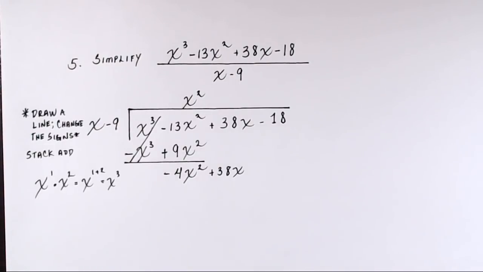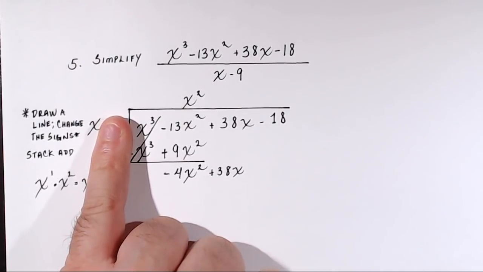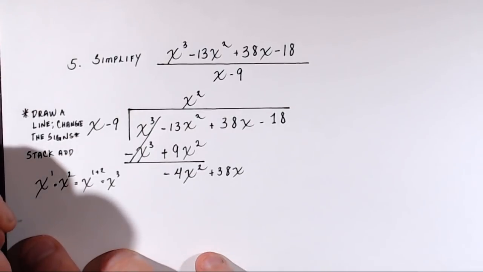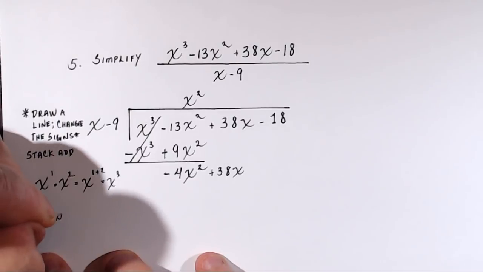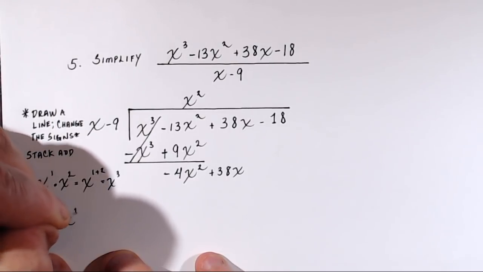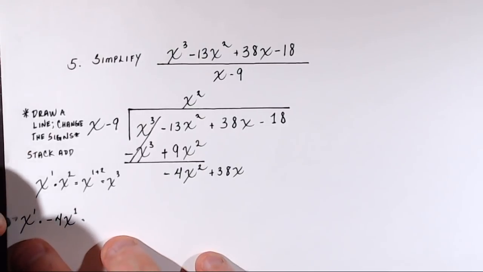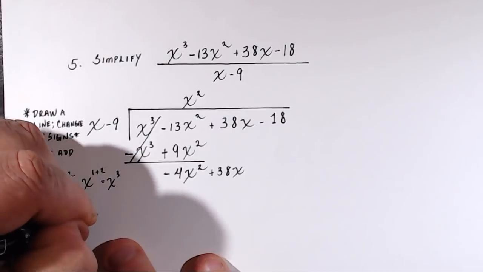And so now we're back to our little game. What do I have to do to x to make it negative 4x squared? Well, I'd have to multiply it by negative 4x, right? Let's check that. So x to the first power times negative 4x to the first power equals, coefficient of x is 1. 1 times negative 4 equals negative 4.